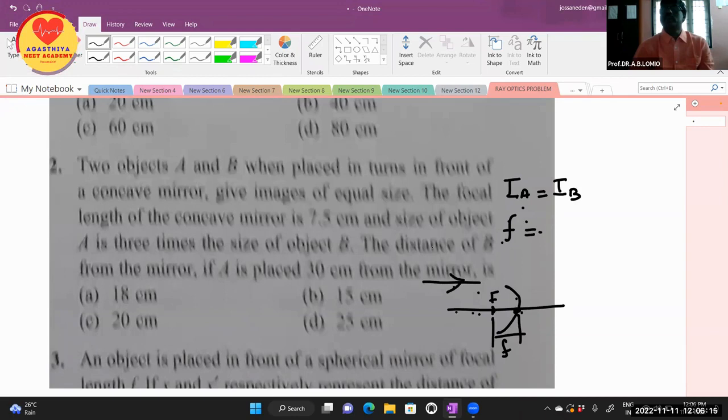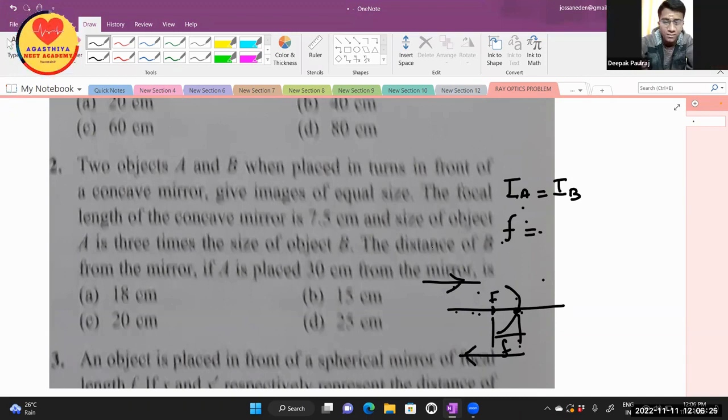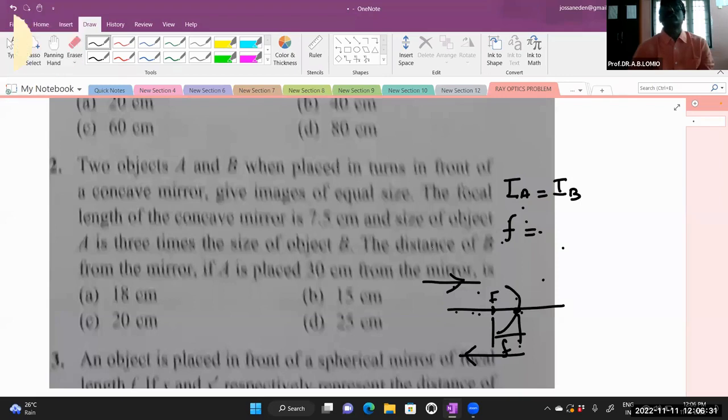I am measuring the distance from the pole to the focus in this direction, which is opposite. So what is it? Minus. Put the sign convention correctly, only then will we get the answer correctly. So now it is minus 7.5 centimeter.